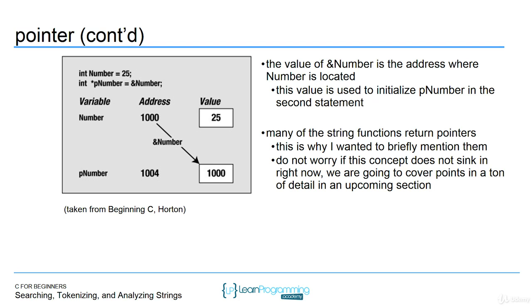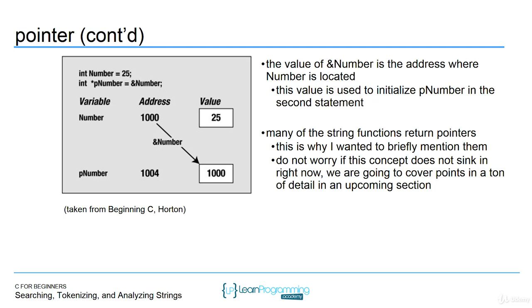Number is in memory at an address of 1000, for example, and it has a value of 25. pNumber has an address of 105 for that actual pNumber, but the value stored there is the address 1000. In order to get the value of pNumber, you would have to dereference the 1000, which will give you 25.